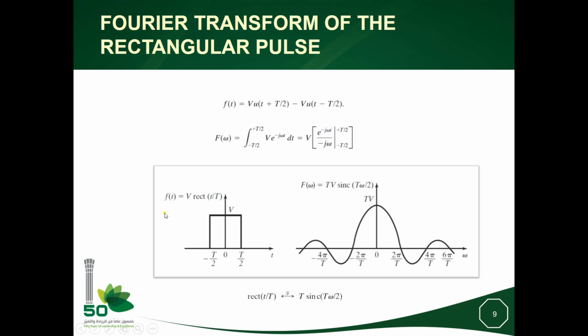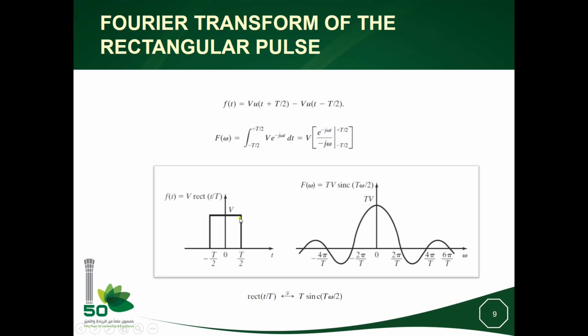Now I will evaluate the Fourier transform of the rect function having an amplitude V, existing from minus T over 2 to plus T over 2. Direct integration using the formula of the Fourier transform gives TV sinc of T omega by 2, and the sinc function is the sine of omega over omega.